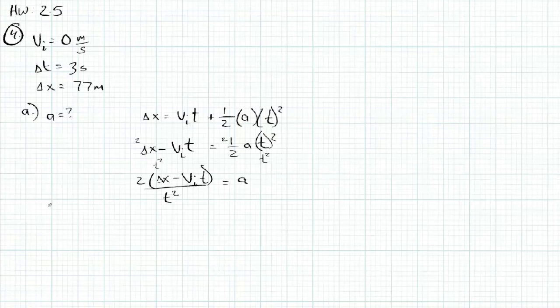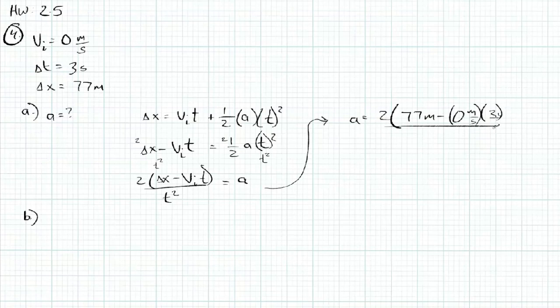Before I use up too much of B's space, I'm going to move up to the top right here where we have a little more room. So let's put in our values. Acceleration equals 2 times our displacement, that is 77 meters, minus our initial velocity, 0 meters per second, times our time t, 3 seconds.